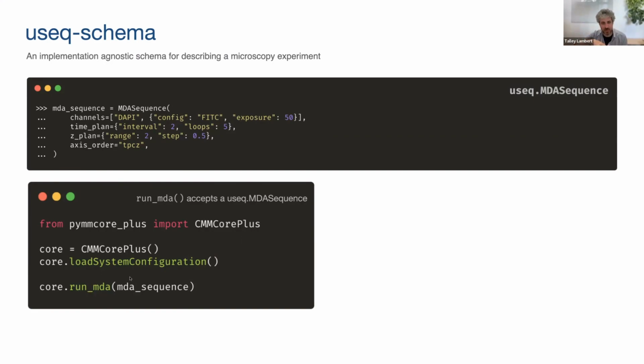So again, now I'm back in PyMM Core Plus world, and I'm letting you know that PyMM Core Plus implements support for an iterable of useq schema MDA events. So it doesn't have to be this complex sequence object. It could just be a custom list of these events, but this here is an example of how to run a very basic multidimensional acquisition experiment using PyMM Core Plus and passing it an object from useq schema.